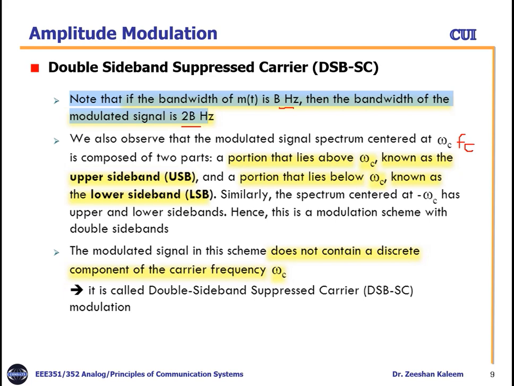Similarly, there is a reflection copy centered at minus omega_c, which also has upper and lower sidebands. The modulated signal in this scheme does not contain a discrete component of the carrier frequency. It is called double sideband suppressed carrier modulation. Why do we call it double sideband suppressed carrier? Because whenever we transmit the signal, we don't transmit the carrier independently alongside the modulated signal.